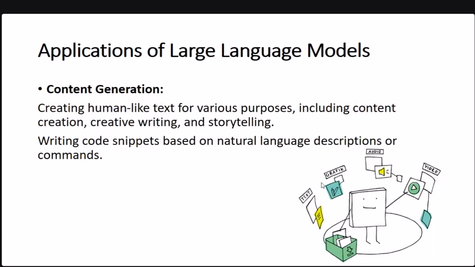Another aspect of these large language models is content generation. Since they can understand language, when we ask for creative content on a particular topic, they are able to give us the content back. For example, if we want them to tell us a story, they can write a story for us.